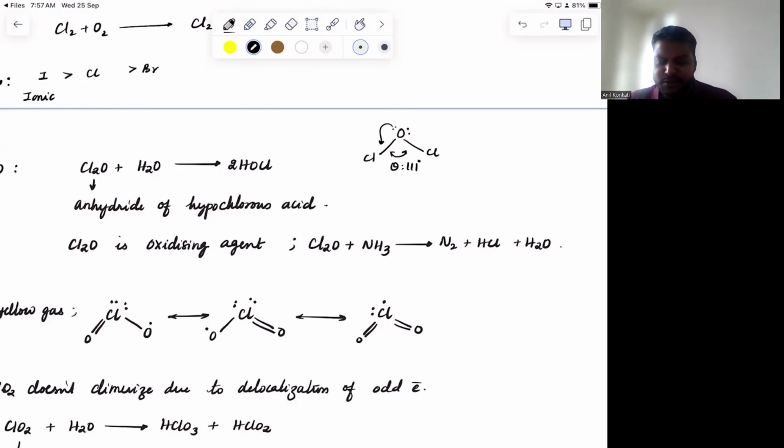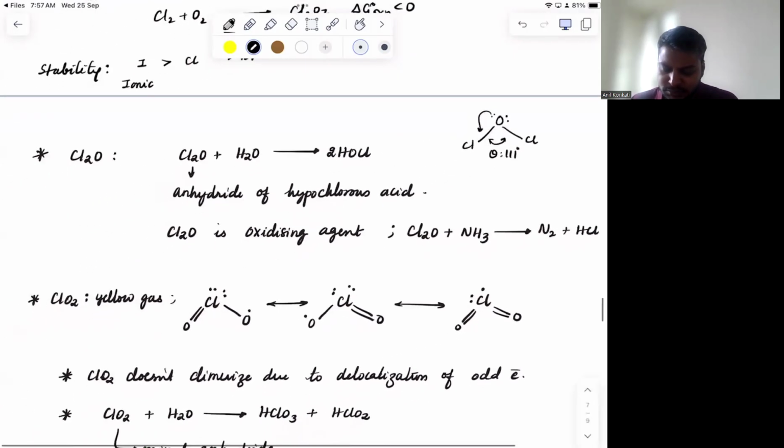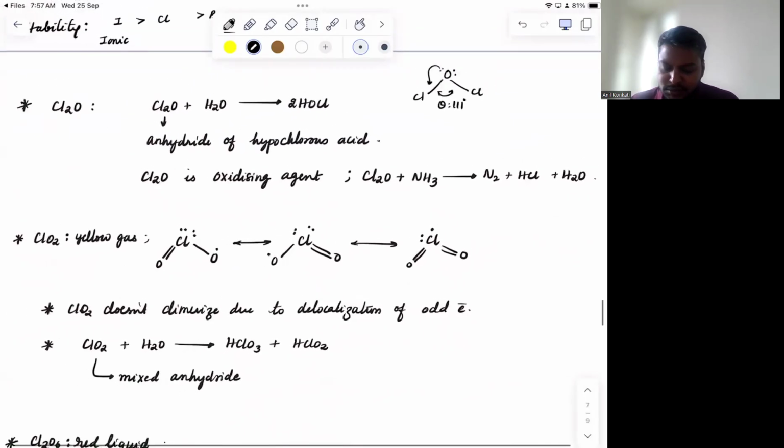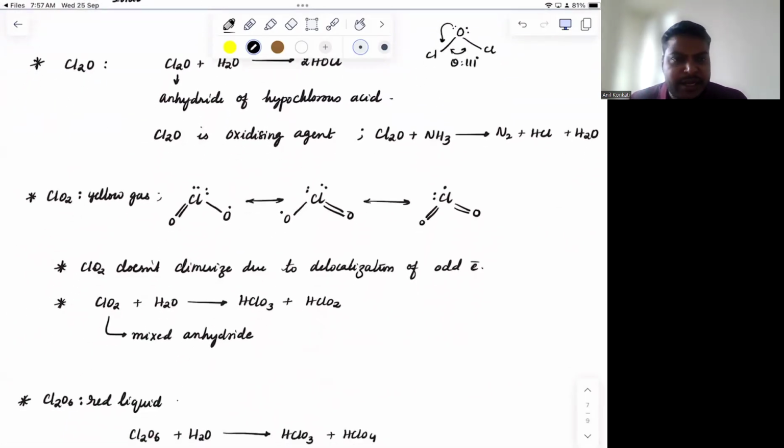Okay, this is the back bonding. This is the bond angle for OCl2. Got it? Then it will act like an oxidizing agent. I hope you got an idea what exactly the reactions are happening.